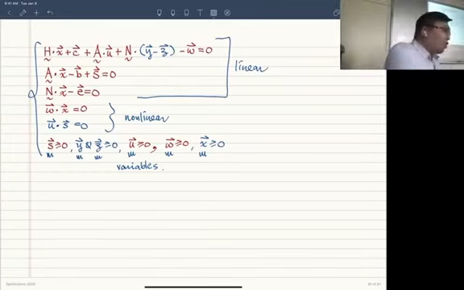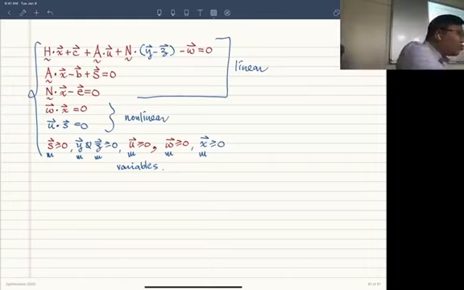Okay, so this looks messy. Can we make this entire derivation cleaner? Actually, we can rewrite this whole thing into a matrix form. So let's take a look.